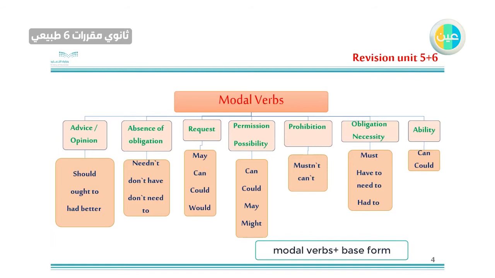If you want to express prohibition, you can use mustn't or can't. If you want to express obligation or necessity, you can use must, have to, need to, had to. If you want to express ability, you can use can or could.